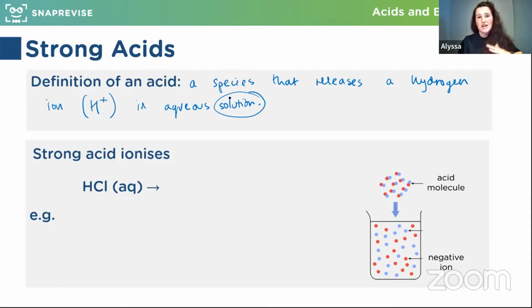Other chemicals can be solvents, other chemicals can dissolve things. Normally we think about water being the thing that dissolves stuff, but it can be other things. So just by specifying aqueous, I'm just saying that it is water this time. When I've put my acid in water, this is what happens. That's all that means. So strong acids ionize completely, or we can talk about it dissociating completely.